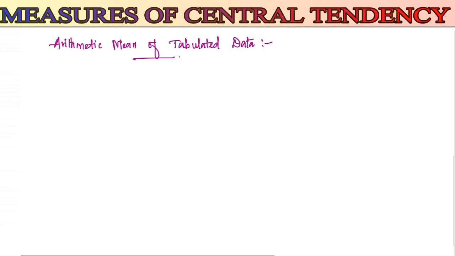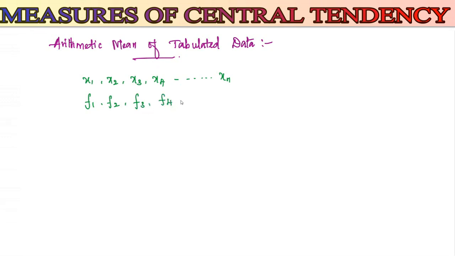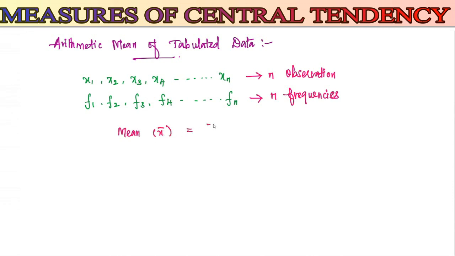If we have n observations x1, x2, x3, x4, and so on till xn, and their frequencies f1, f2, f3, f4, and so on till fn respectively, then the mean, denoted by x bar, is equal to sigma fx divided by sigma f.